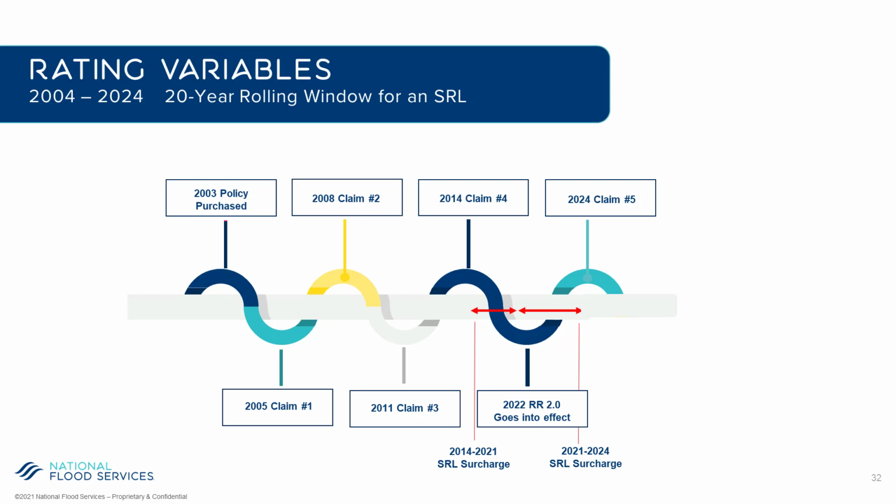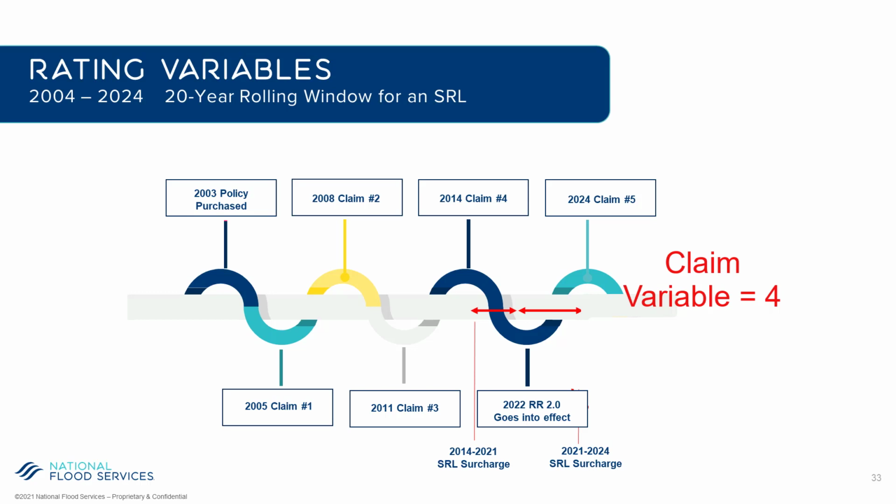There was a claim in 2005, 2008, 2011, and 2014. Risk rating went into effect in 2022. Now, in 2024, the claim was filed. That claim was claim number 5. How many of the claims do you think will be counted? The correct answer is 4, because that most recent loss triggered the prior claims rating variable, but that claim is excluded.